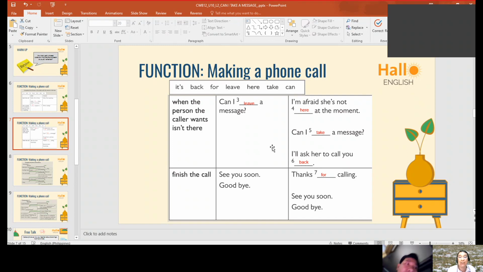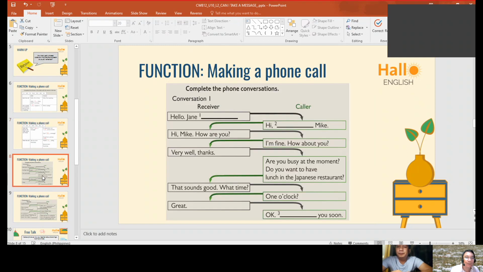So do not leave the message with the person. You just tell the person, oh, okay, thank you so much. Can you tell him or can you tell her that I will be calling tomorrow at, let's say, 9 o'clock? So you can also do that. And then after that, finish the call. So that would be it.